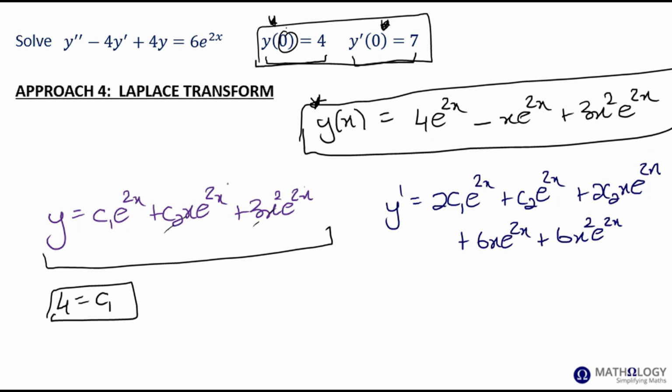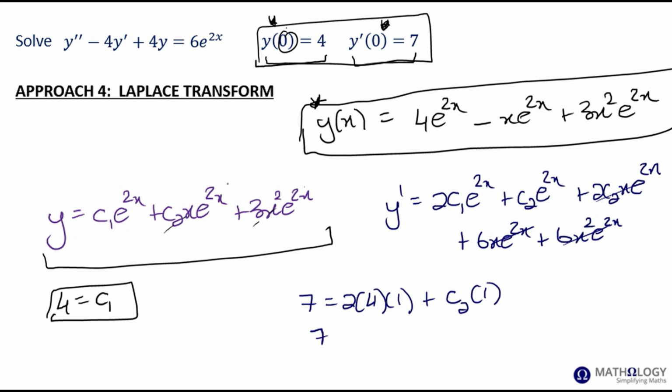So applying the second condition now, when x equals 0, y prime of 0 will be 7. So 7 equals 2 times c1, which is 4, and x is 0, so we'll have e to the 0, which is just 1, plus c2 times 1, and when x is 0, then these terms are going to fall away.